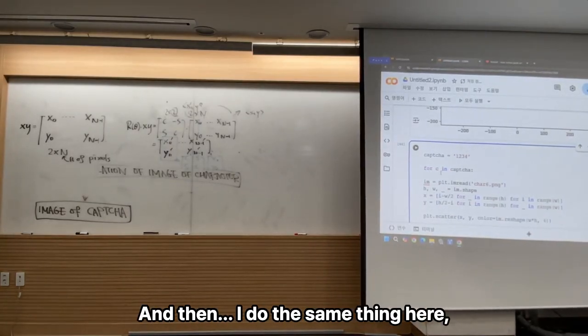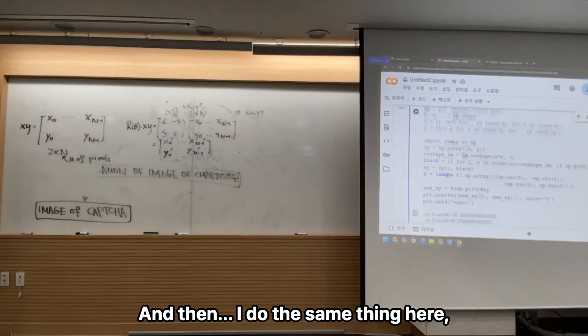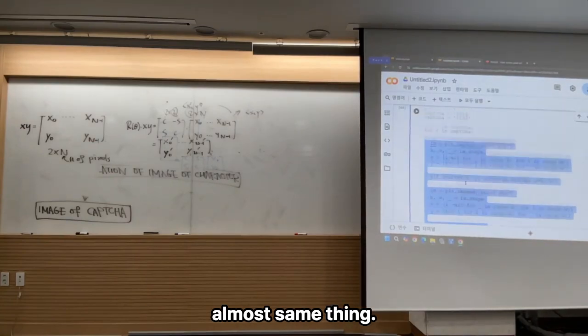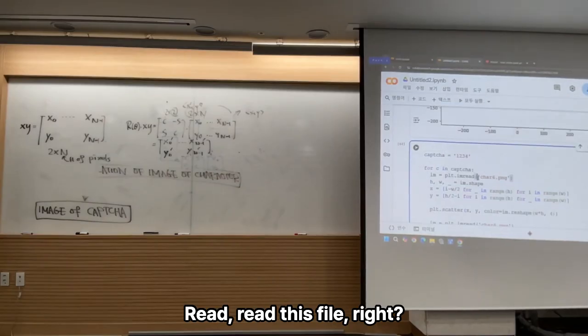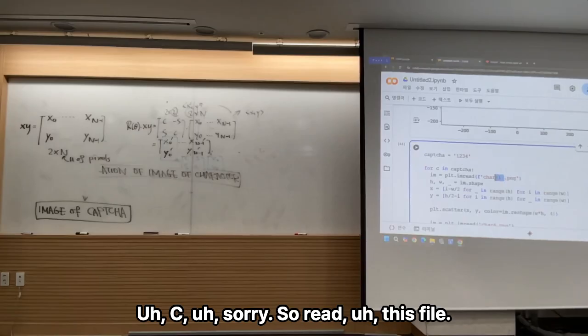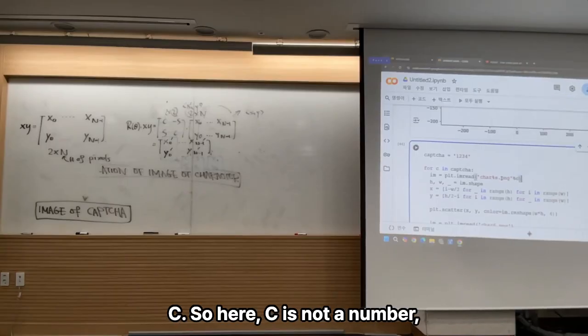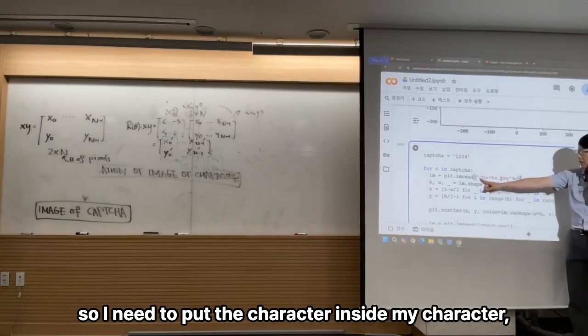Then I do almost the same thing here. Put it in the for loop. Read this file, C. Here C is not a number, it's a character, so I need to put the character inside the file name.